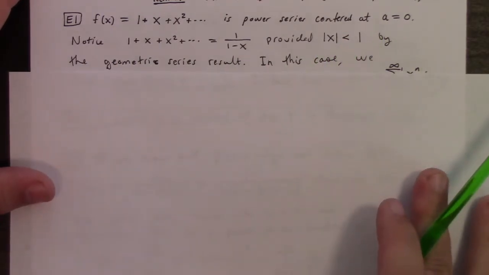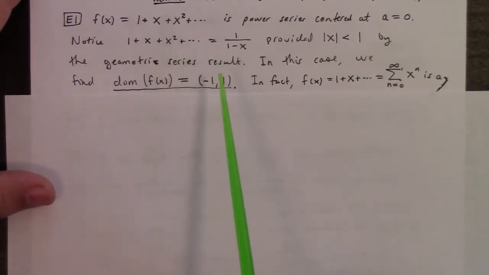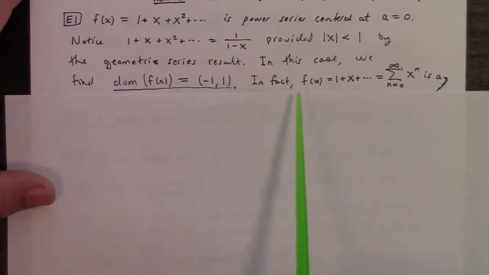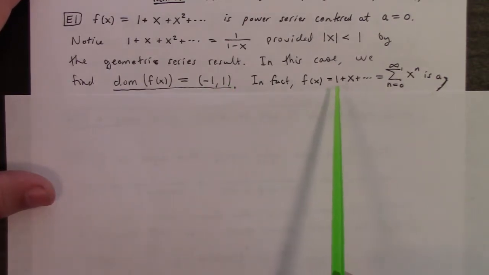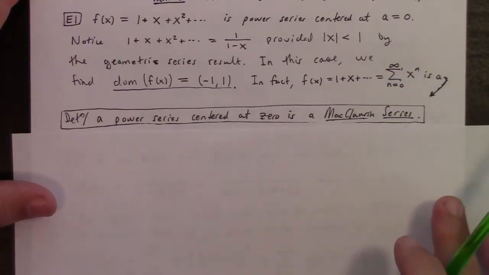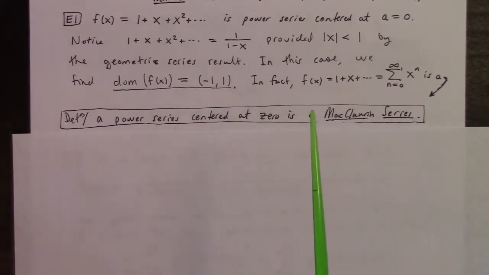Anyway, in this case, you can see that the domain of the power series is minus 1 to 1, neither one of those included. And in fact, this is a Maclaurin series. What's a Maclaurin series? A Maclaurin series is a power series centered at 0.